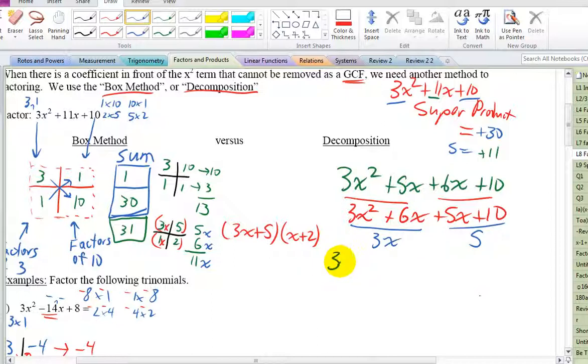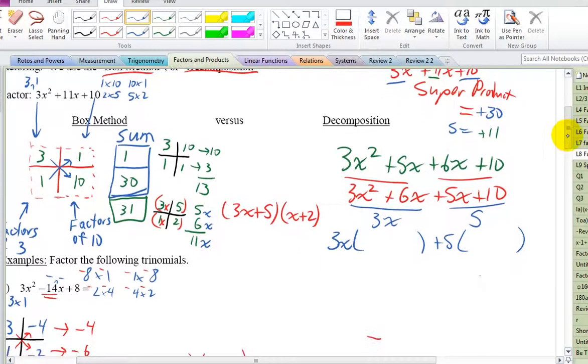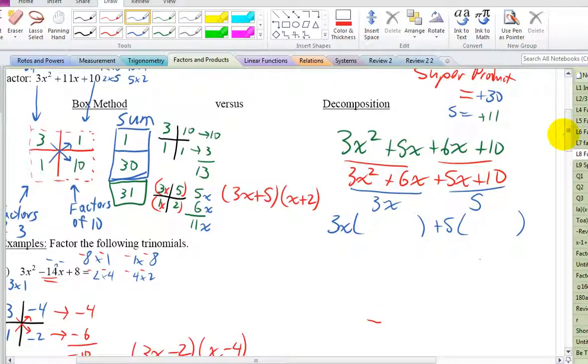Remember when we do GCF? Put the remainder in brackets. So do your division, and put the remainder in brackets. And this is why this decomposition stuff is a little bit different. So you should get x plus 2, and what's the other remainder?